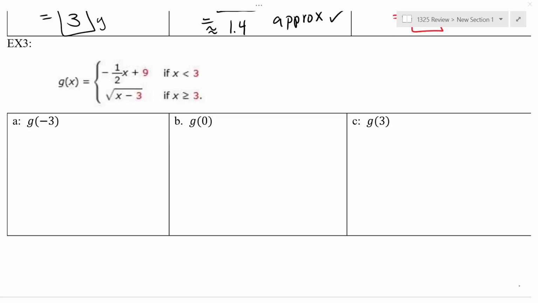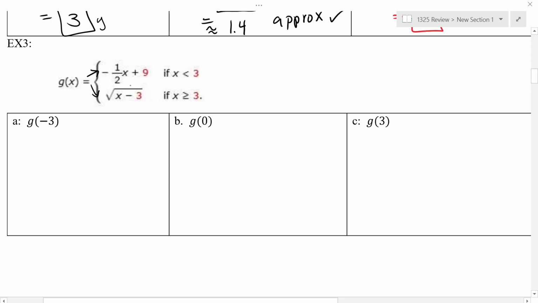For example 3, we have another piecewise defined function. This function is named g. So we have g of x is equal to, we have two equations here that represent this one function. We have negative 1/2 times x plus 9. And we also have the square root of x minus 3.